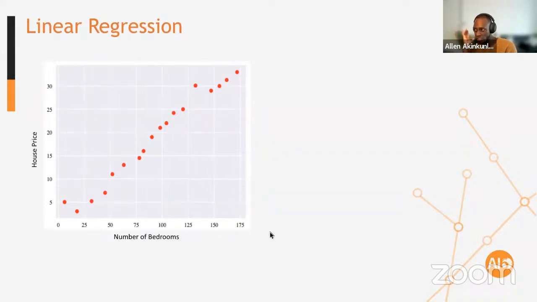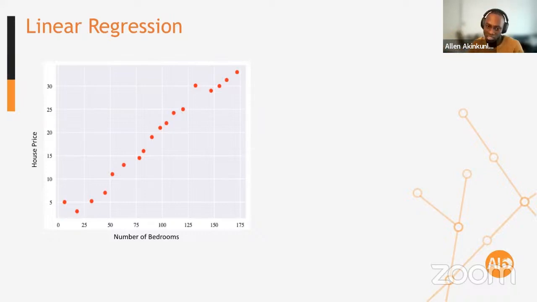So, like I said, you need data when you're building ML models. So we've collected data, and each of these red dots here is a data point we have collected. We've spoken to people in an environment, and we're like, oh, how many bedrooms do you have? 5.